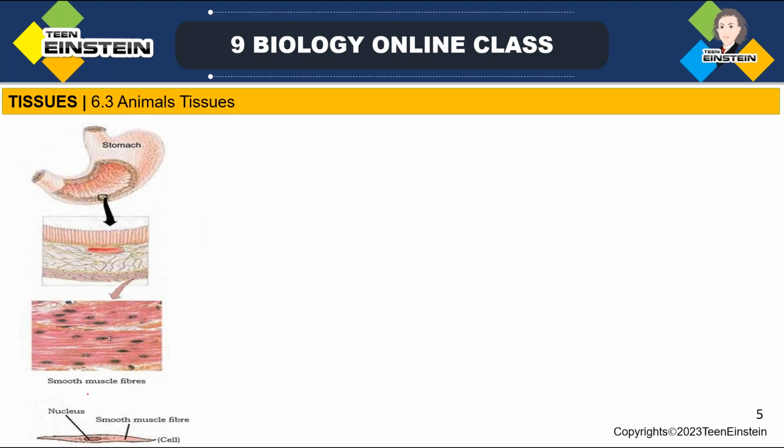Next, animal tissues. Animal tissues are also of different types, and in the previous part we discussed animal tissues.